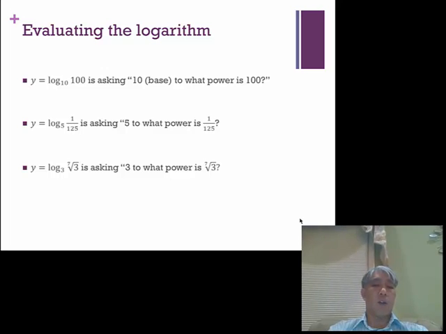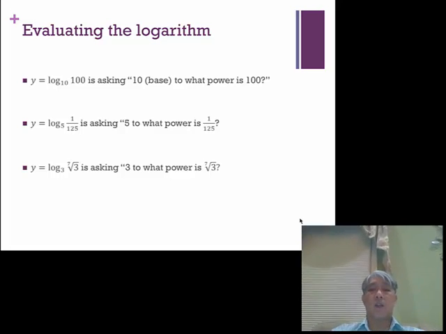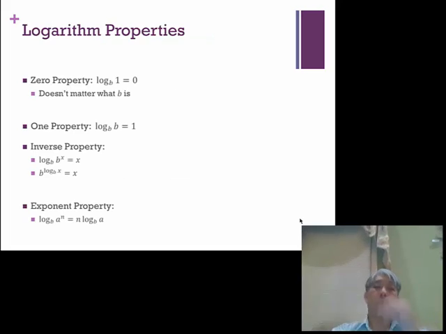Continuing to the second example, log base 5 of 1 over 125: 1 over 125 is actually 5 cubed on the bottom, or 5 to the minus 3. So the result is y equal to minus 3. In the third case, the answer is 1/7. We're very interested in the exponent, and that's all we're really going to focus on when we're asking for the logarithm.